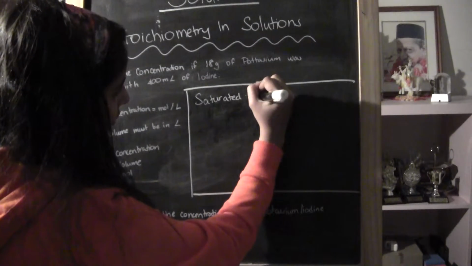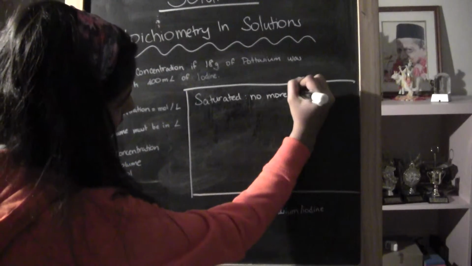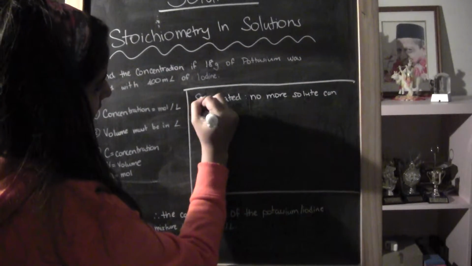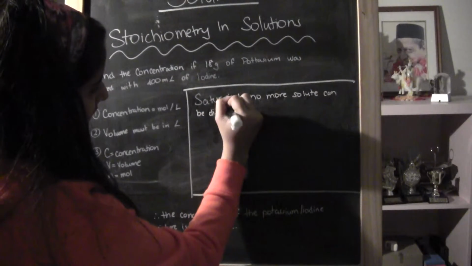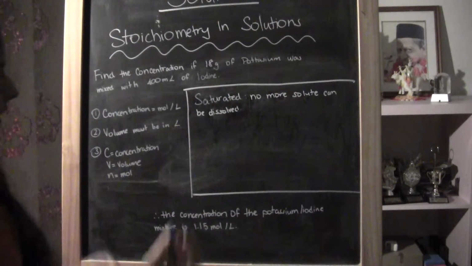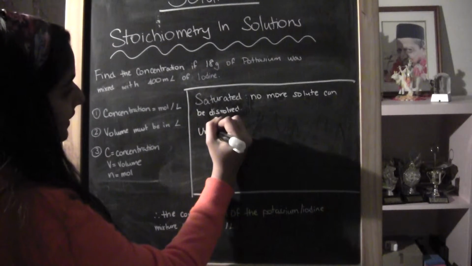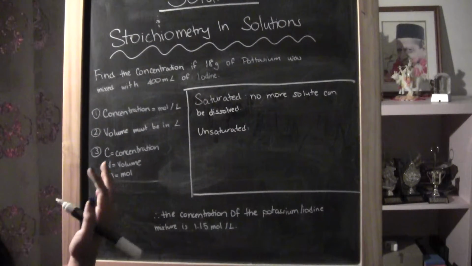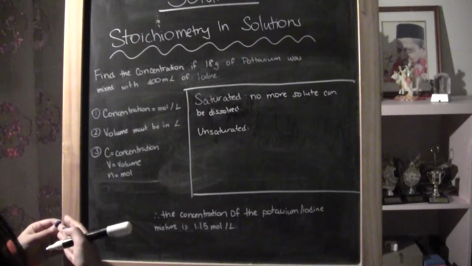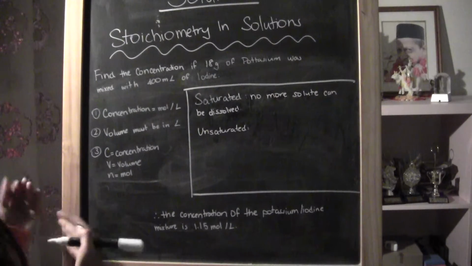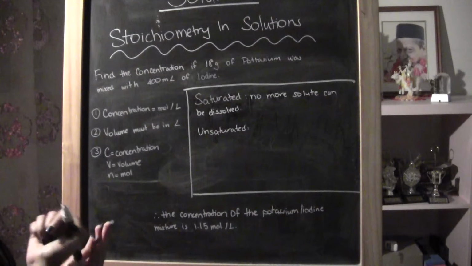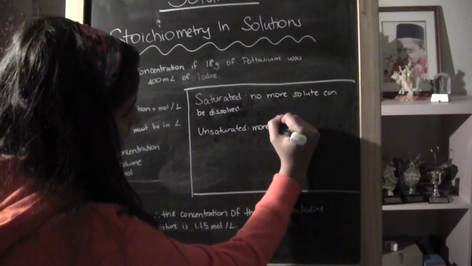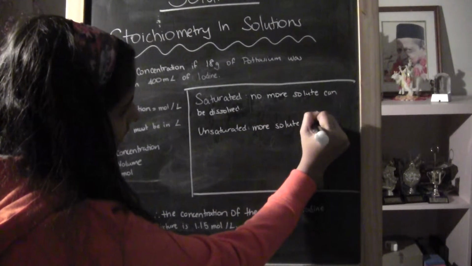So no more solute can be dissolved. Okay? Unsaturated solutions are solutions where it's not completely dissolved yet. You can still add more solute to the solvent and it'll still be able to dissolve. So more solute can be added.